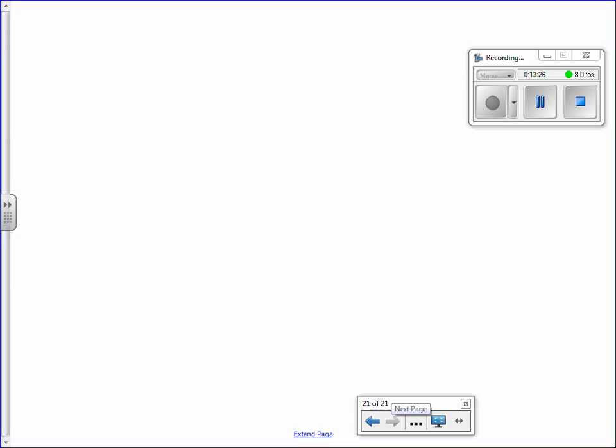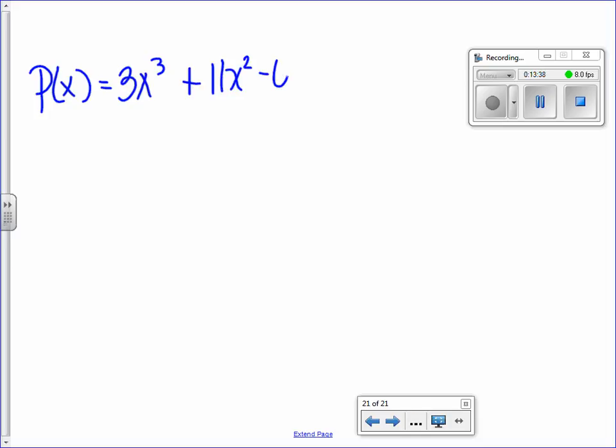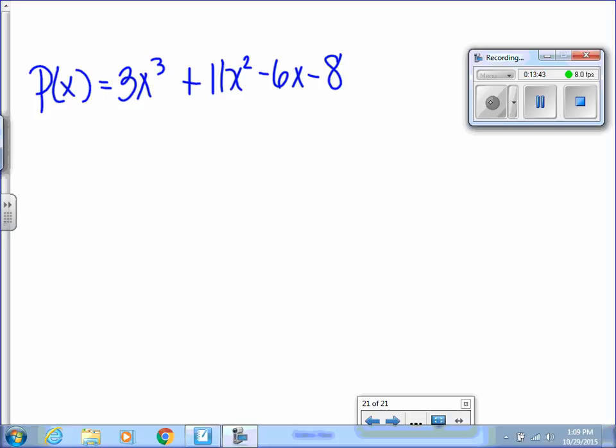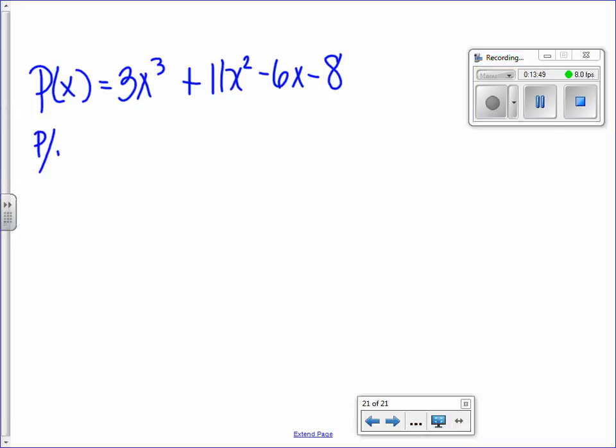How about that? 3x to the third. Alright. How about P's and Q's? What are all my possible rational roots?